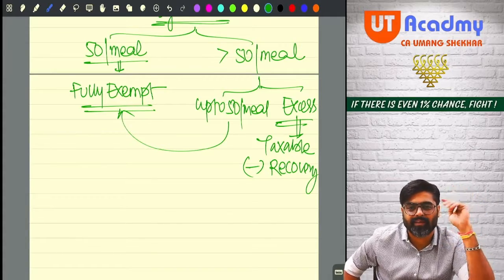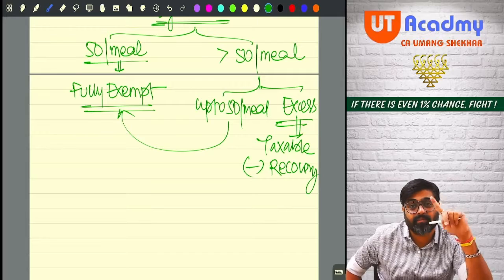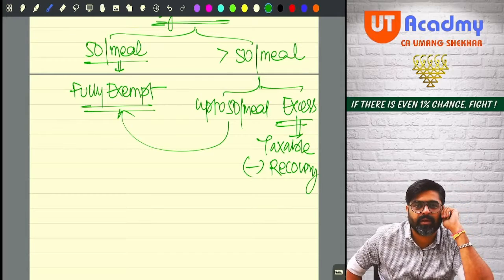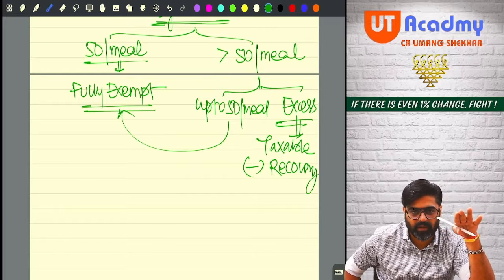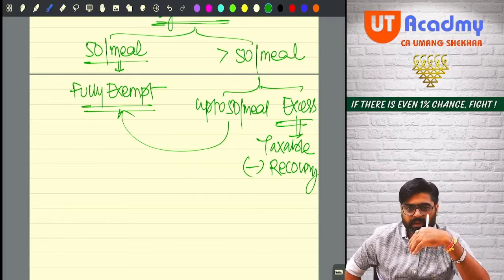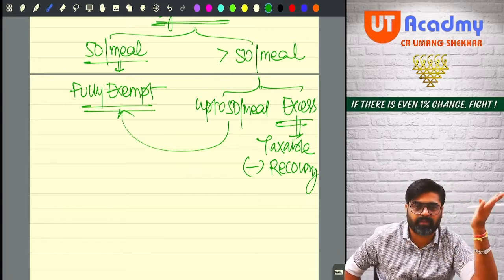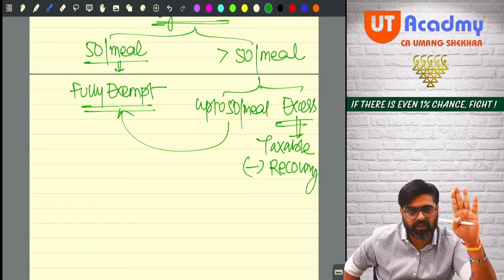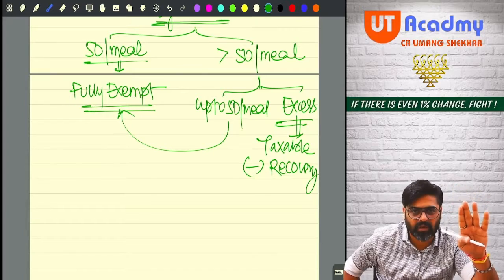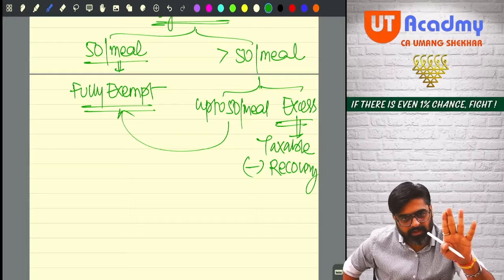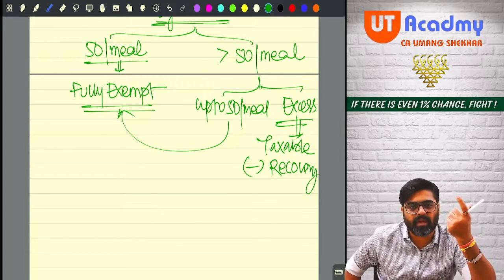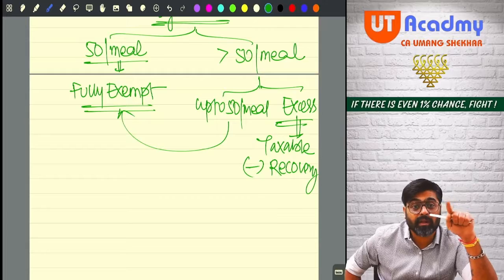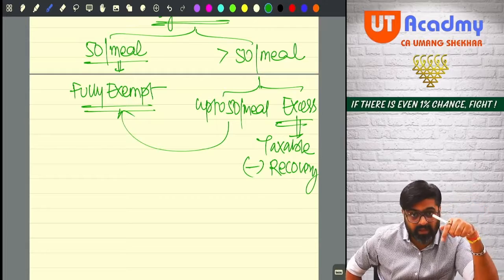Only 10. 10 per meal will be taxable. Getting my point? So how much was the total benefit? 120. Out of that, 50 per meal is exempt. How much remaining? 70. Out of that 70, which is going to be taxed in your hands, is the employer recovering 60 from you? Yes, reduce that 60. How much per meal benefit to you? 10 only.